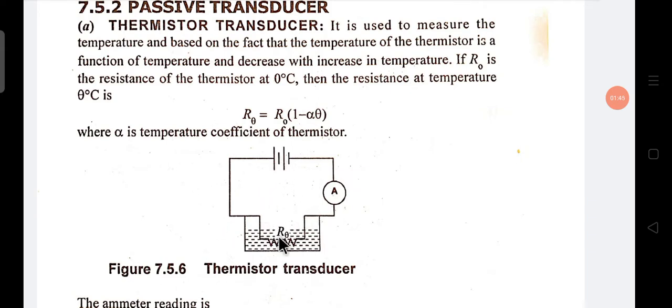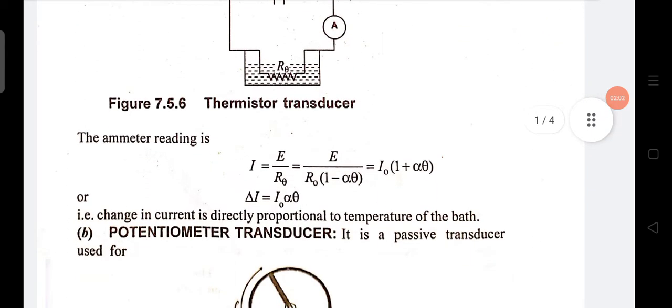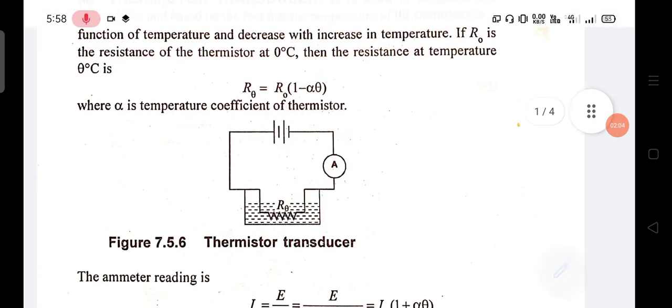By measuring the resistance, or by measuring the current flowing through this circuit, we can calculate the temperature. So this is basically the principle of the thermistor resistance transducer.